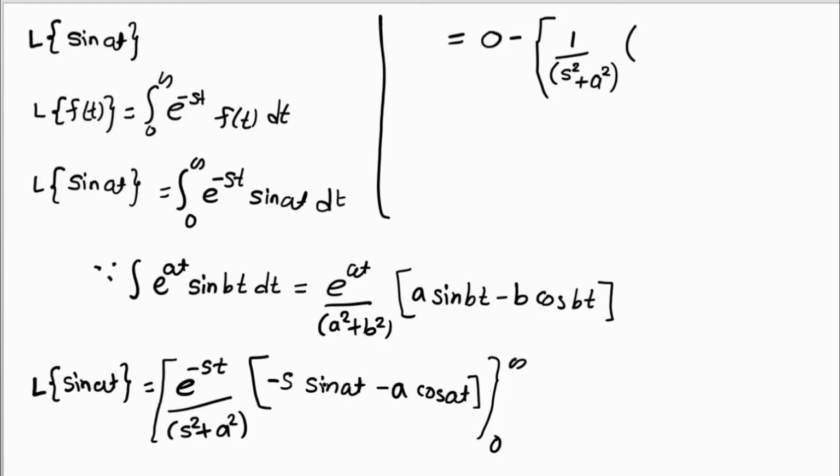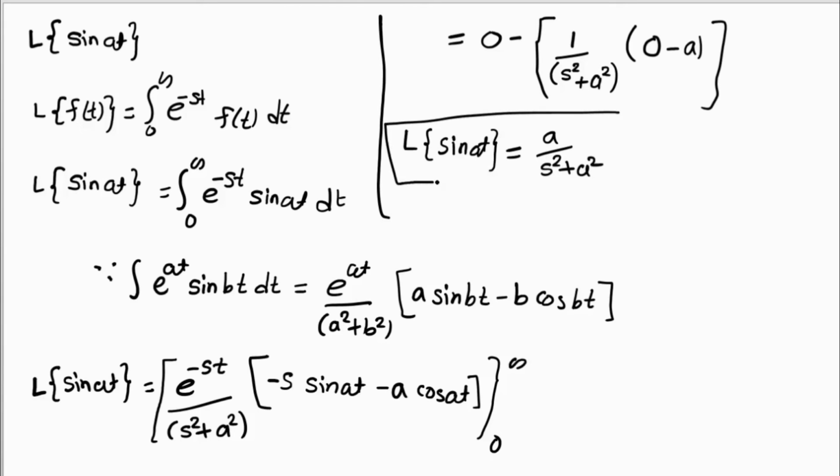Here t is 0, sin of 0 is 0, so this first sine term is 0, cos of 0 is 1, so it is minus a. That means this minus and that minus gives a upon s square plus a square. And this is the formula of Laplace transform of sin at. So Laplace of sin at is a upon s square plus a square.